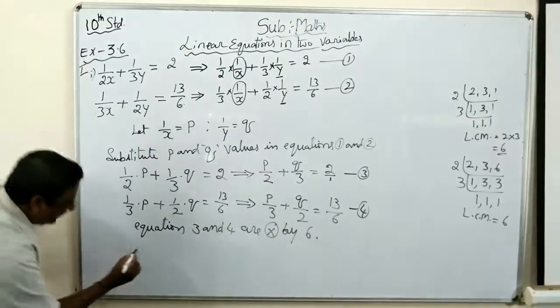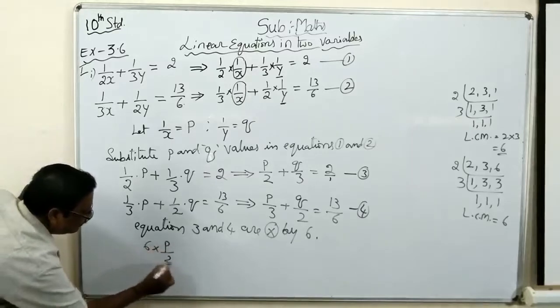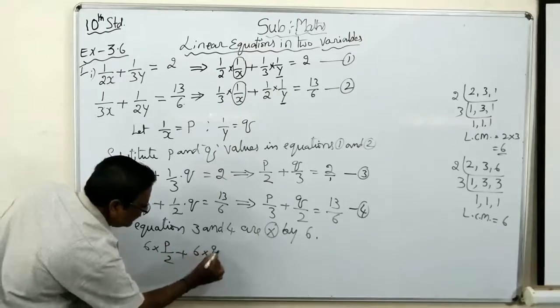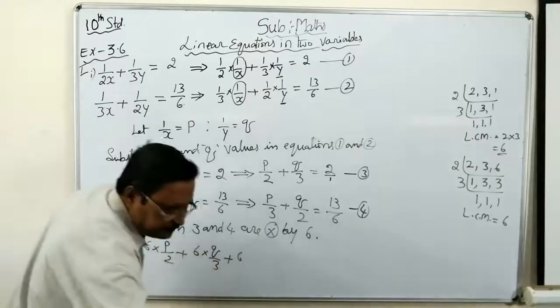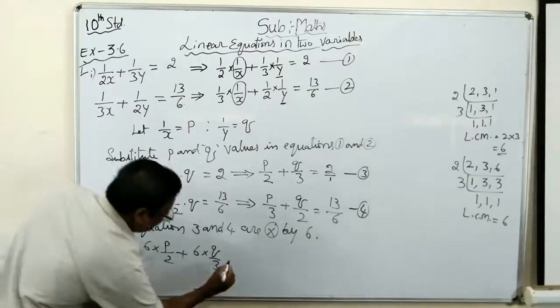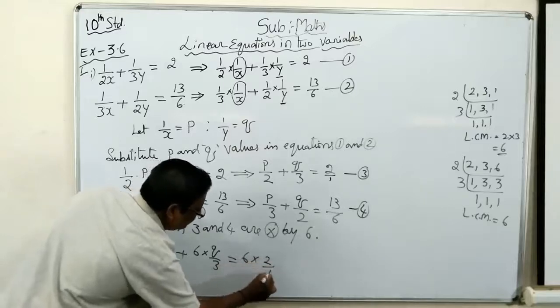It means, see, 6 into p by 2 plus 6 into q by 3 is equal to 6 into 2 by 1.